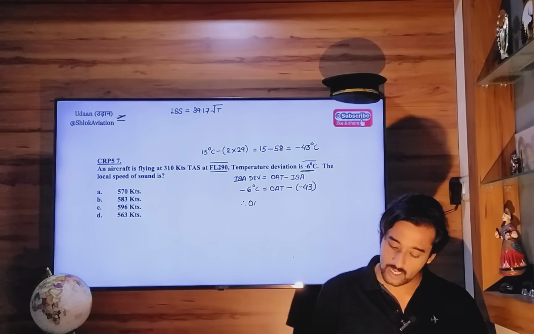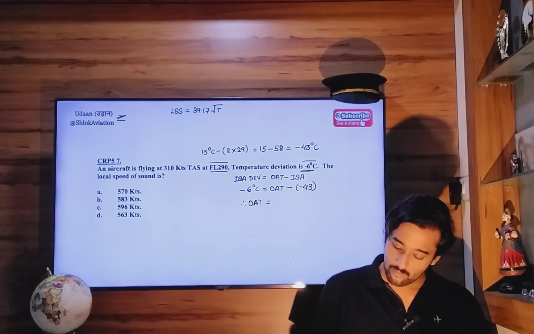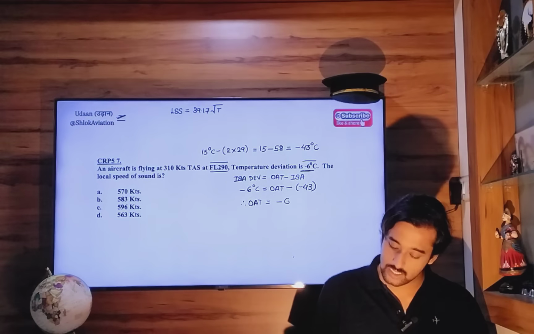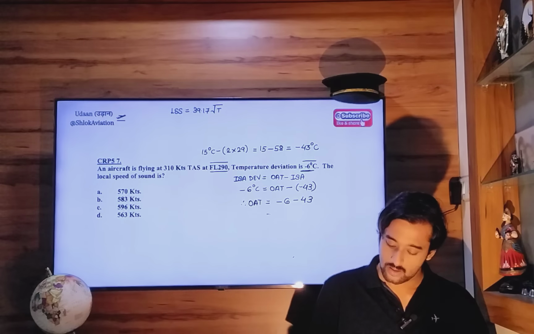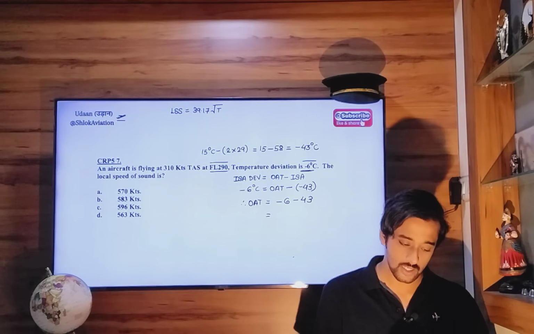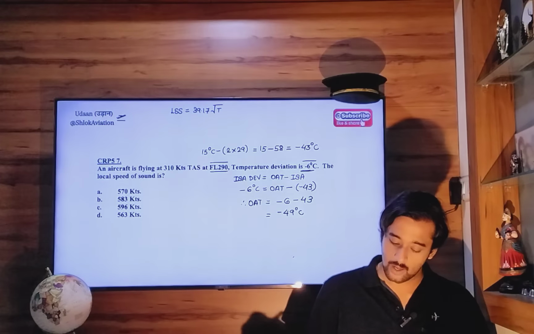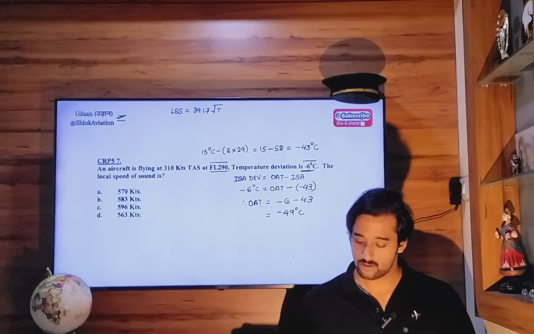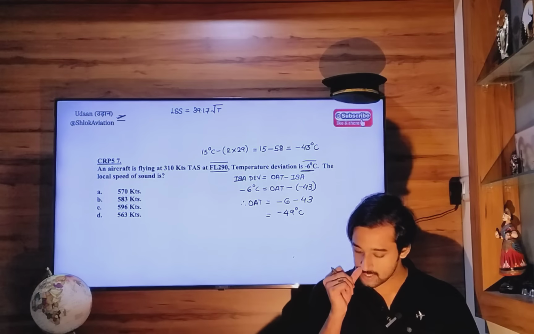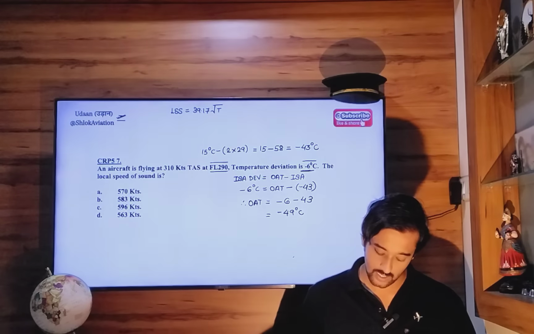Therefore, outside air temperature equals minus 6 minus 43, which is minus 49. That means outside air temperature at 29,000 feet is minus 49 degrees Celsius.